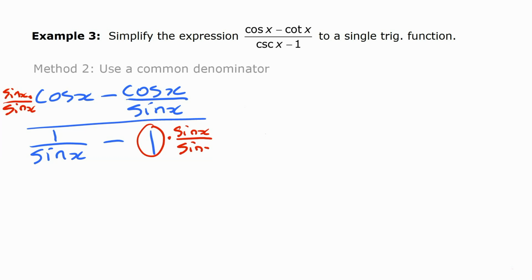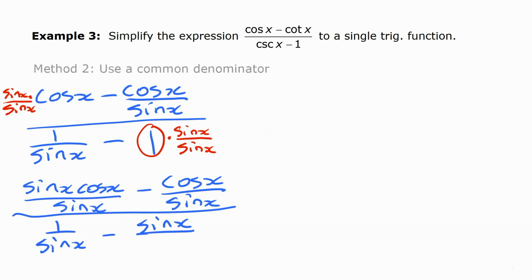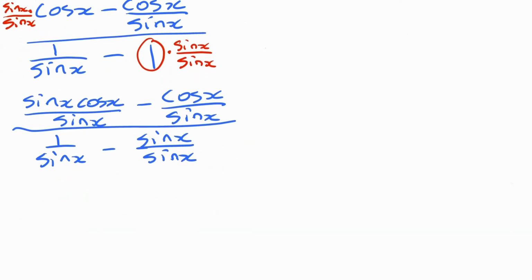And what we're going to end up with there then is fractions on the top and the bottom that have common denominators. So we have sine x cos x over sine x, and we have cos x over sine x, and then on the bottom, the whole thing here, we have 1 over sine x, and we have sine x over sine x. So that looks a little more complicated, but it's going to work out just the same way here.